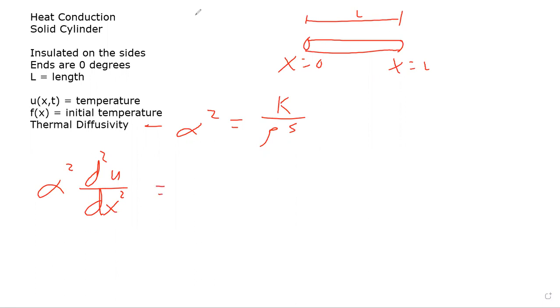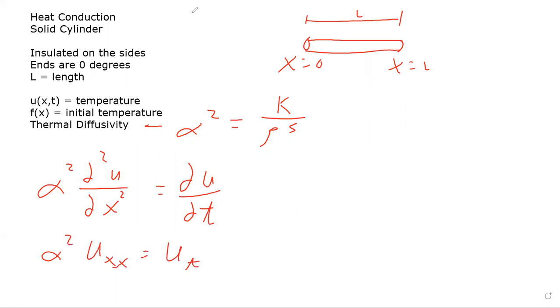And that should be a partial derivative there for both of those. Is equal to the partial derivative of u with respect to t. So written another way, a little bit of shorthand, we can write it that way.